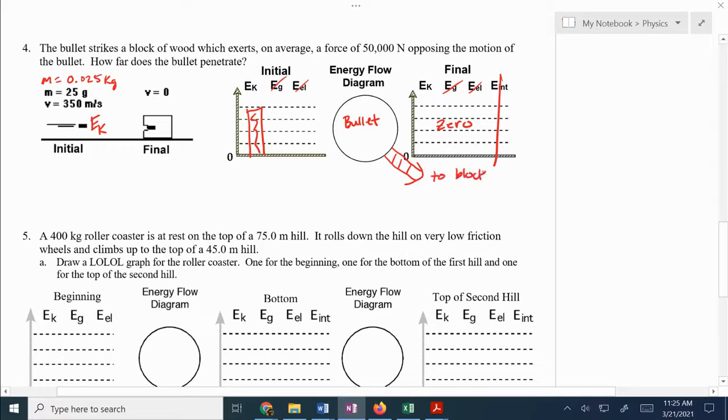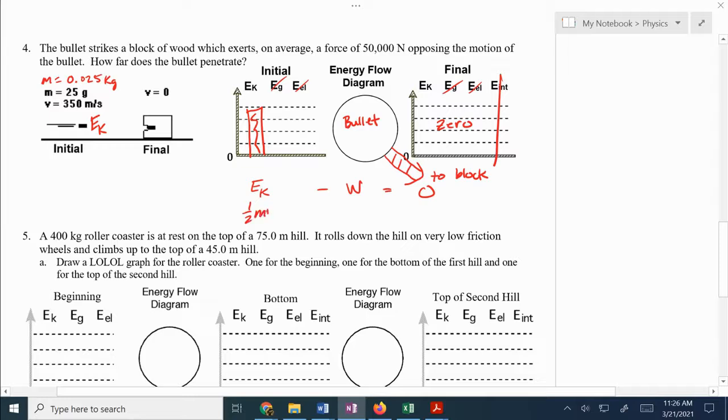So we don't want to put the block in the system, because if the block was in the system, then I can't have energy out of the system. I know that I have 0 energy at the end because I don't have kinetic, gravitational, or elastic energy, so where did that energy go? I have to account for it. Well, the energy has been dissipated into the block. So I don't want the block in the system because I want the energy to leave and go to the block. Writing the equation, we've got kinetic energy minus the work is equal to 0.